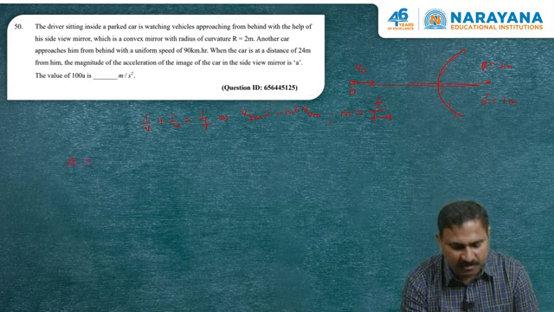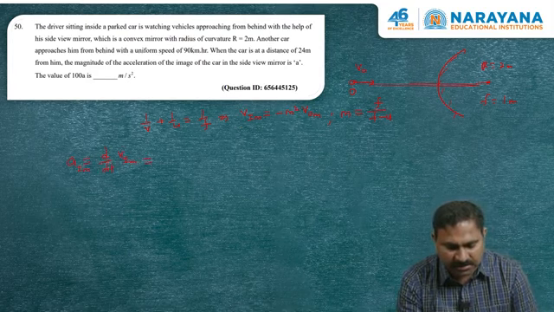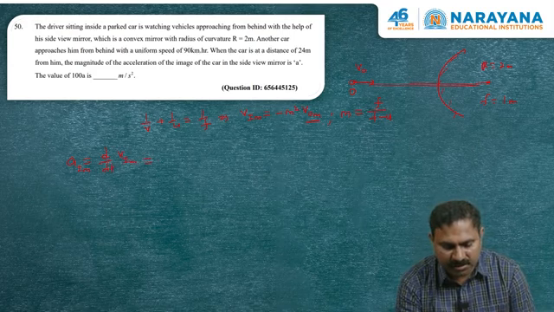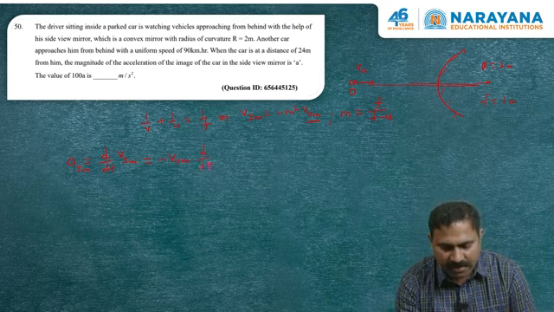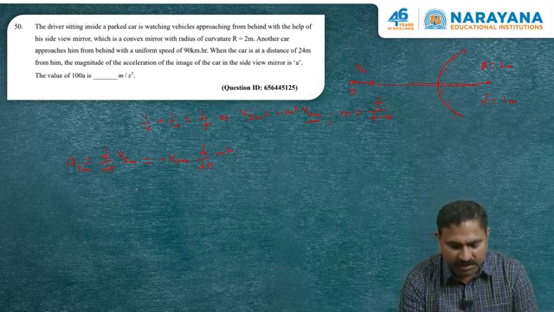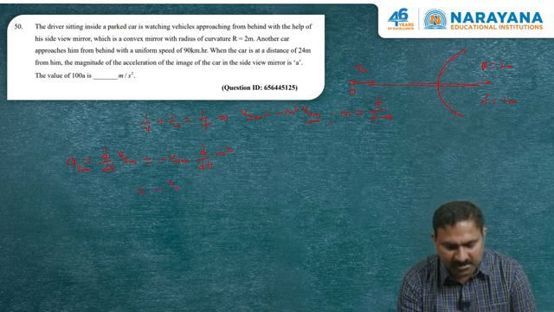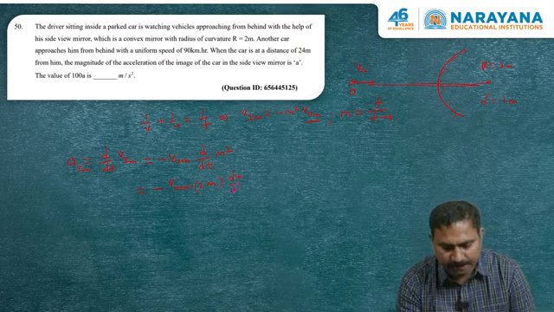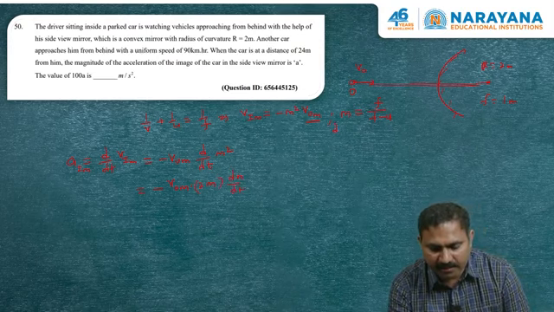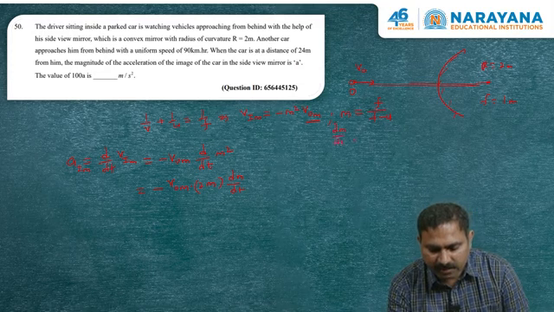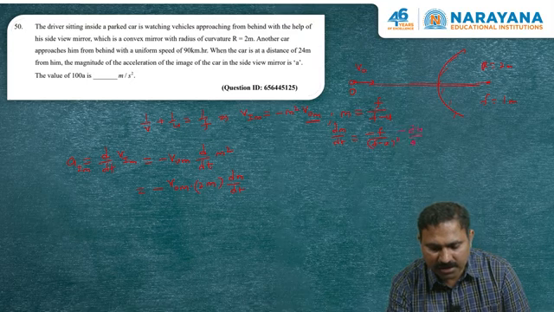But he is asking for acceleration. So, acceleration of image with respect to mirror is d by dt of velocity of image with respect to mirror. This is, anyway, velocity of object with respect to mirror is constant, minus velocity of object with respect to mirror into d by dt of m square, m is variable here, so minus velocity of object with respect to mirror into 2m into dm by dt. dm by dt can be written as minus f by f minus u whole square into minus du by dt.